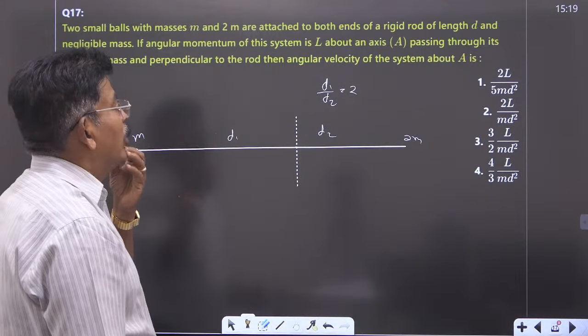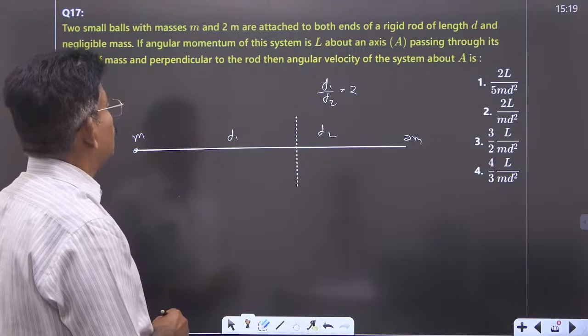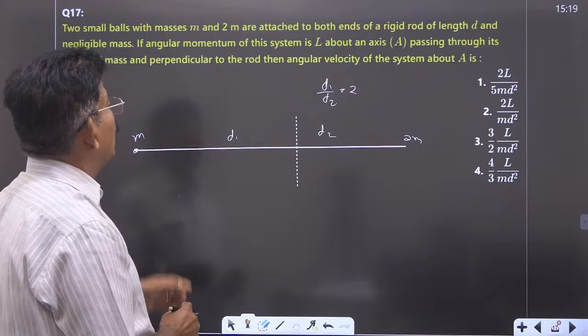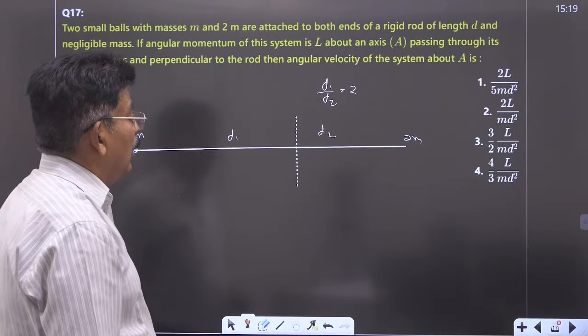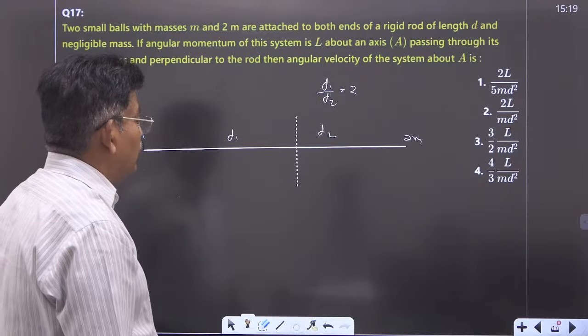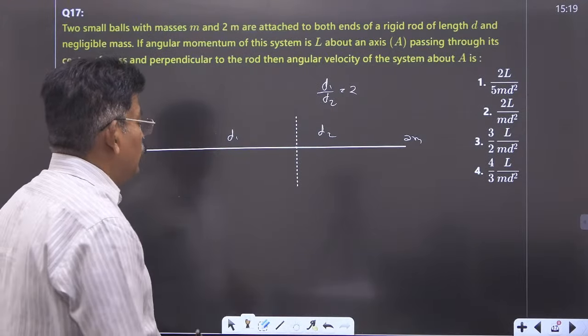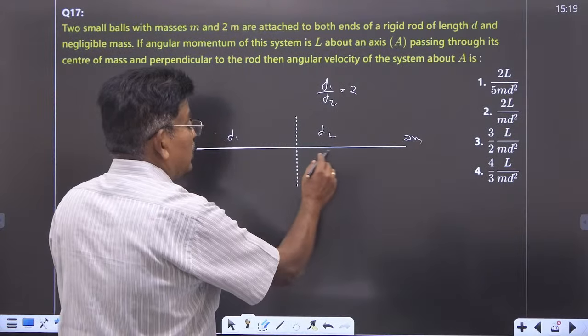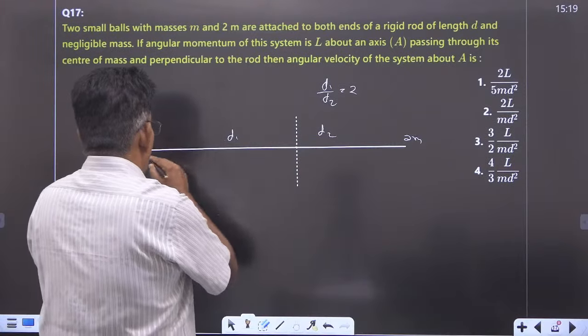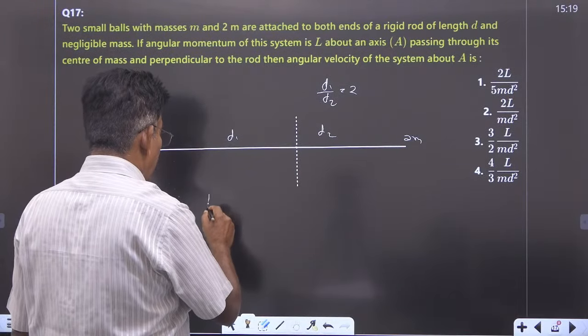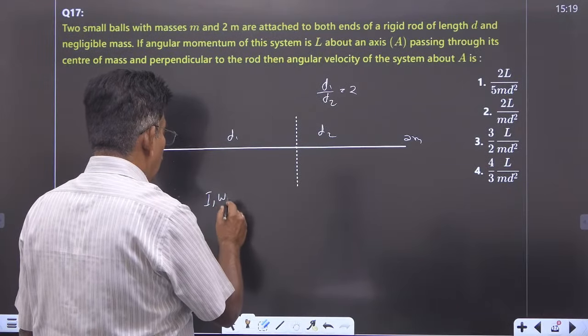Now we have to calculate the total angular momentum of the system, L. What will be the total angular momentum? We don't consider the moment of inertia of the rod, only the point masses. So it will be I1 omega 1.